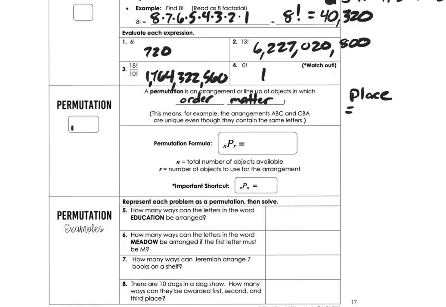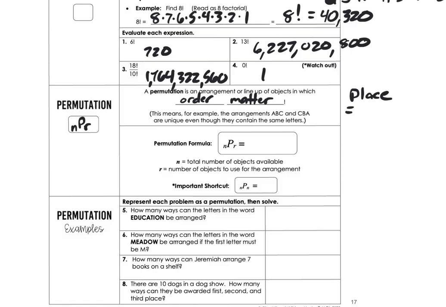The way that we're going to see this in our calculator is nPr, okay? n is the total number of objects that we have, and r is how many placements we're going to give, okay?